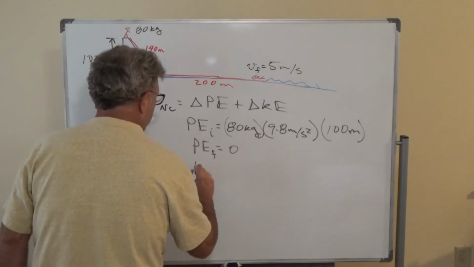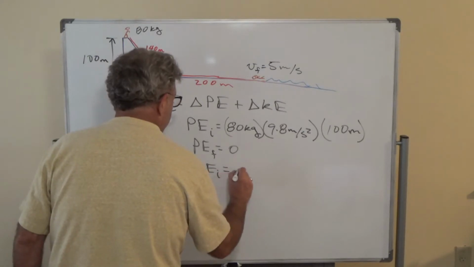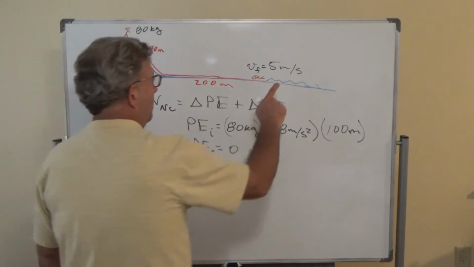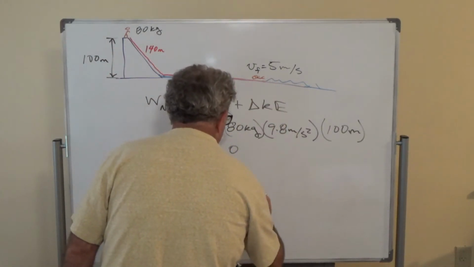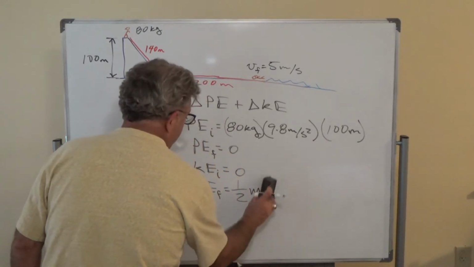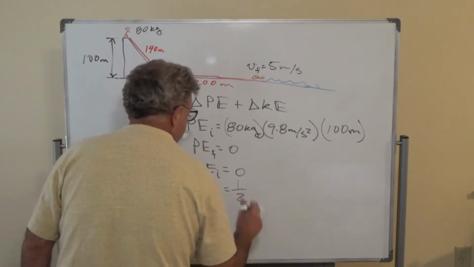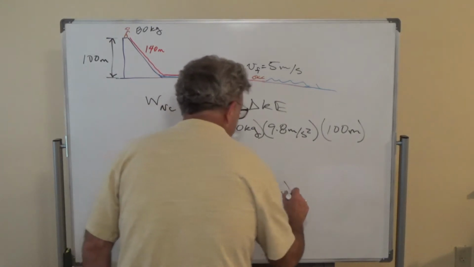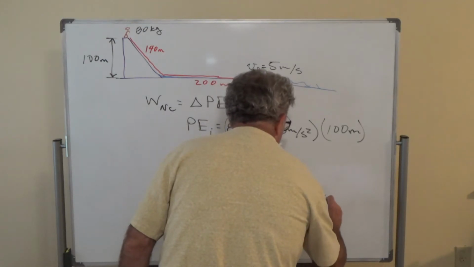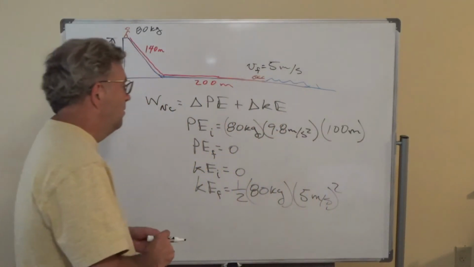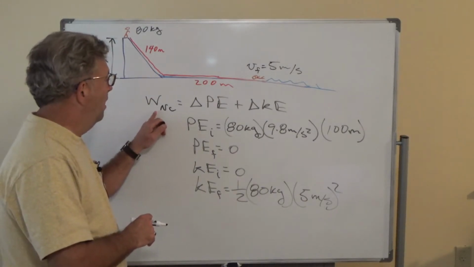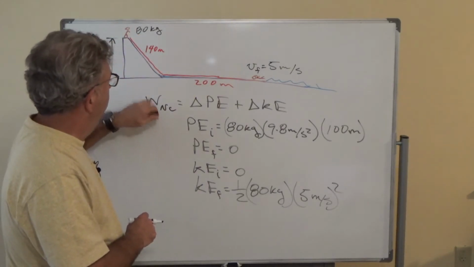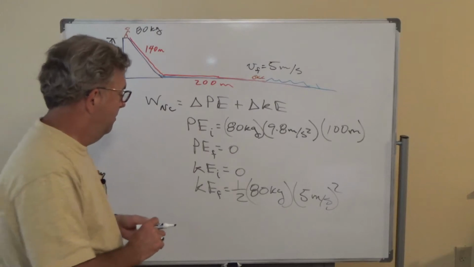KE initial, 0. KE final is equal to 1/2 M, which is 80 kilograms, times 5 meters per second squared. Okay? So I want to know what is the work done by this water, this interaction between the water and the person along this path.